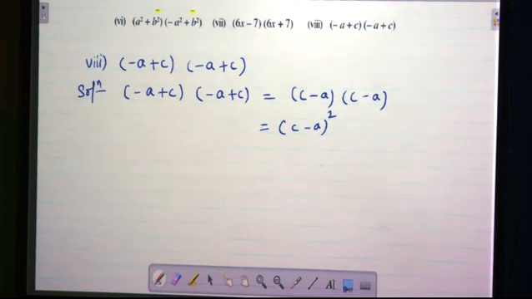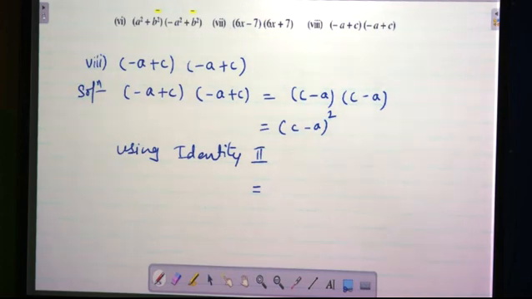Then using identity 2, the second identity, x minus y bracket square is equals to x square minus 2xy plus y square. Here the value of x is c and value of y is a.